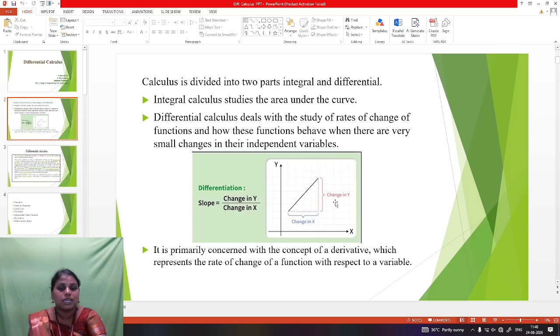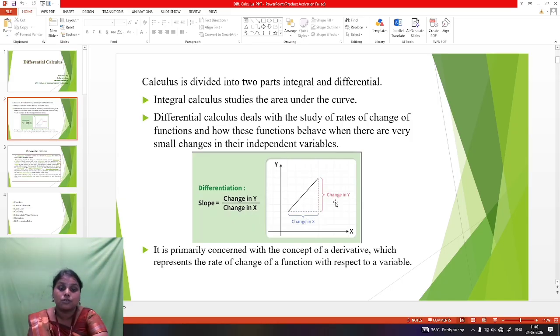It is primarily concerned with the concept of a derivative, which represents the rate of change of a function with respect to a variable. First, a function f of x is given, then we apply the differentiate function and we get the value.